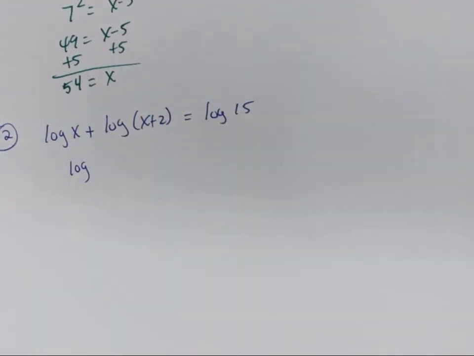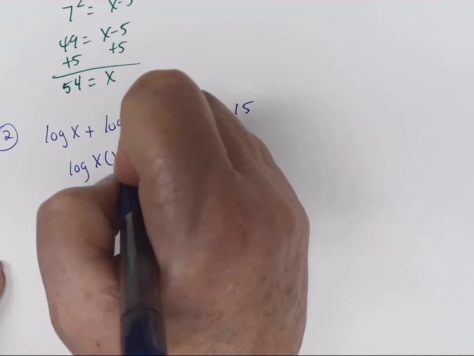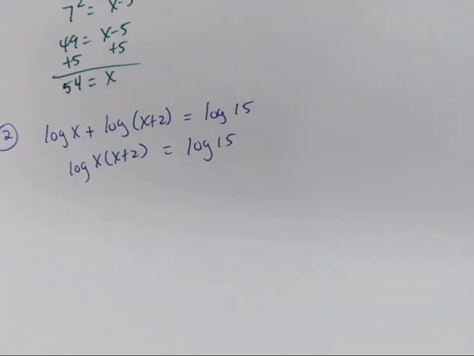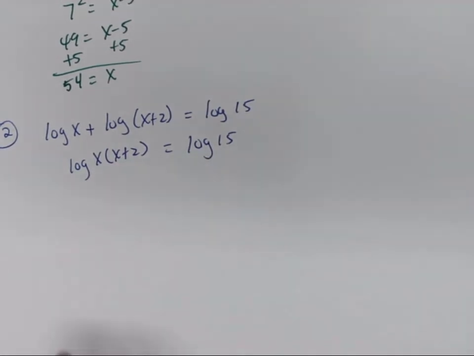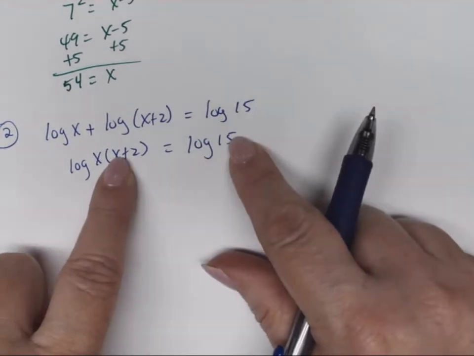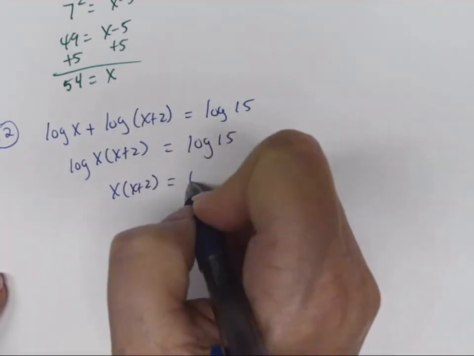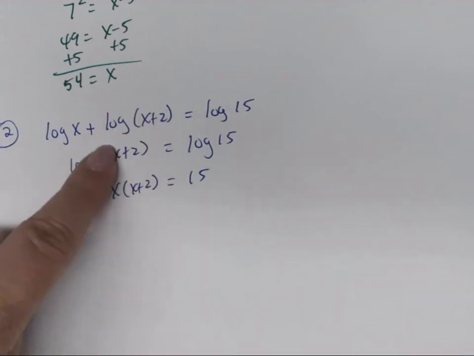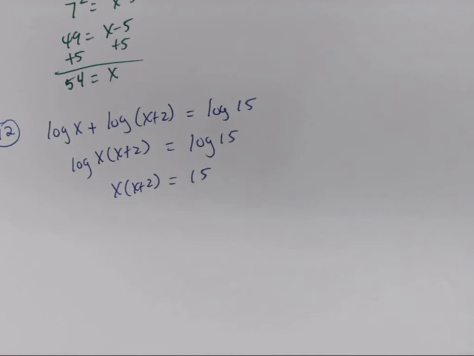It's addition, so it becomes multiplication. So the log of x times x plus 2 will equal the log of 15. Well, if the log of this equals the log of that, then these two parts have to be equal to each other. So that means x times x plus 2 is equal to 15. But you have to combine them together first, and I have to see this step. Otherwise, your math is not quite right.